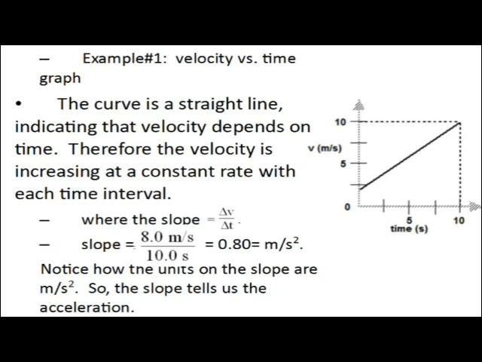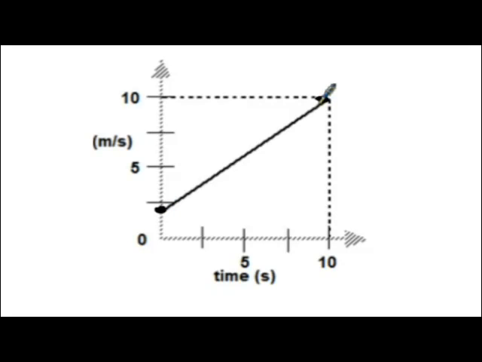If we were to calculate the slope, we want to choose 2 points on the line. I'm just going to choose this point here and this point right here. The easiest way to figure out slope is do your rise over your run. My first point starts at 2 on my y-axis, and it goes all the way up to 10. And then on my x-axis, it starts at 0, and it goes all the way over to 10.